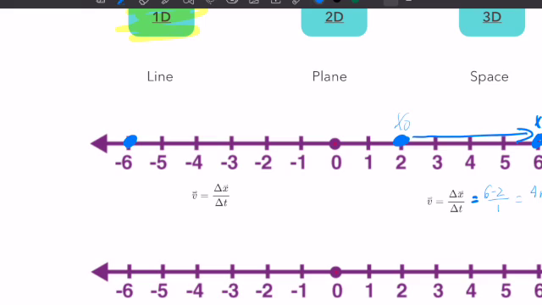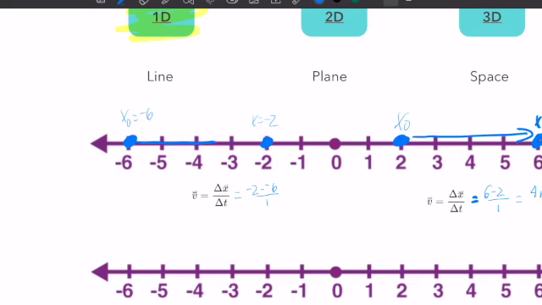In this situation, we started with an initial position equal to -6, and we ended with a final position of -2. So our average velocity, which is the total displacement over the total time, the rate of change of position, we ended at -2 minus a -6 all over 1 second.